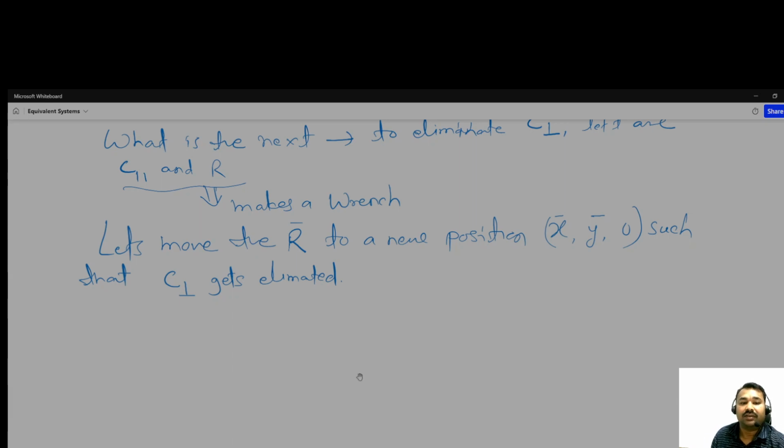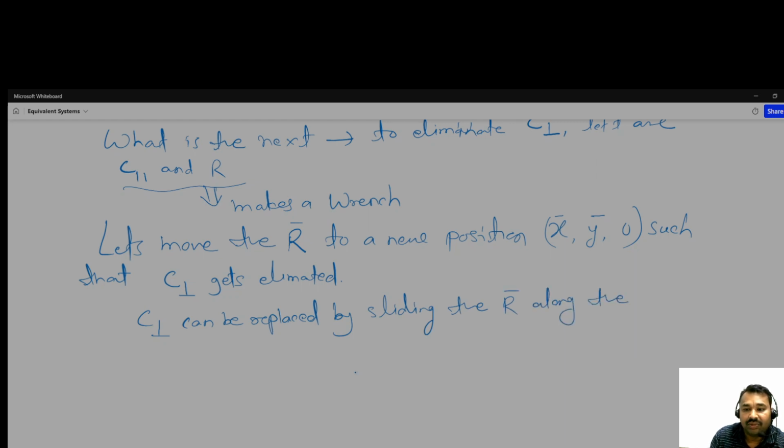That is, C perpendicular can be replaced by sliding the resultant force along the perpendicular to the plane of the resultant force and the resultant couple.